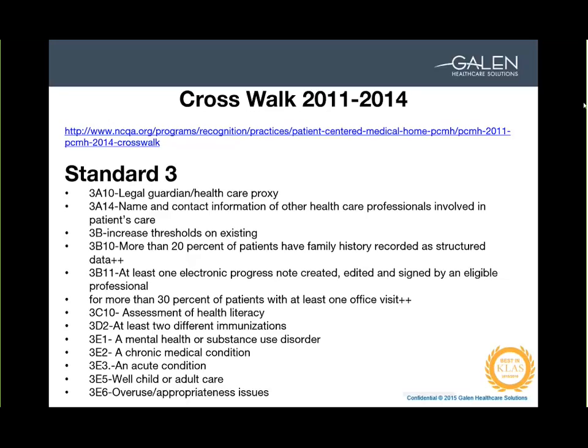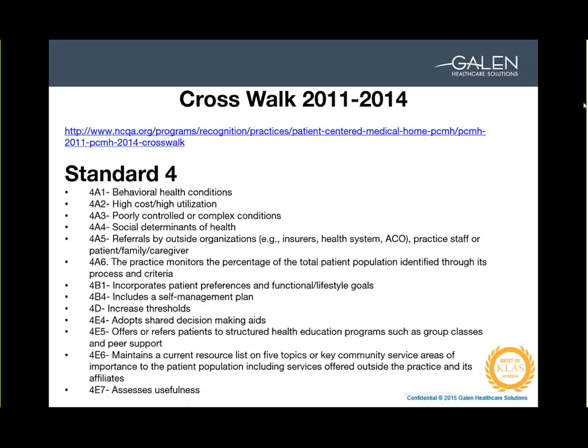Focus on the ones on the bottom, would be my recommendation, that are brand new to you or that you really have to look at your patient population for. You can download that crosswalk. The crosswalk is at the top of this link and aligns very easily. I've just succinctly pulled out for you the new ones that you need to look at. And again, the ones I look at are at the top, certainly 4A, 1 through 5.